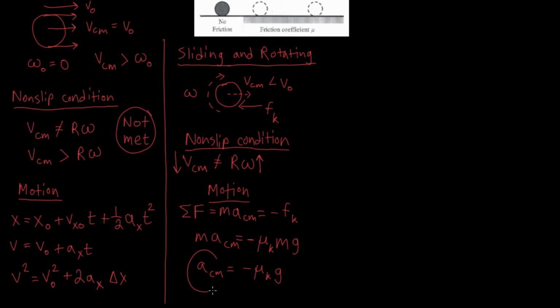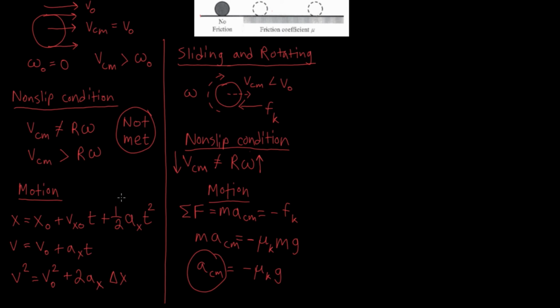So now we have a formula for the acceleration of the center of mass of the ball. So all we have to do is we can still use these kinematic equations that we originally had, but instead we would have to plug in our new acceleration into these kinematic equations.